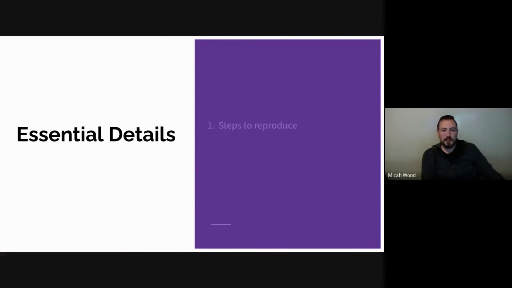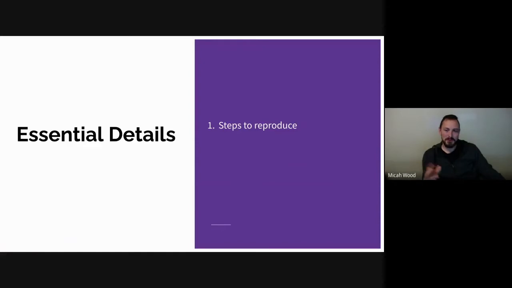So first thing we want to do is make sure that we know what steps it takes to reproduce the problem. A lot of times people will say, oh, I just do these 15 steps and there's the problem. One of the things you have to do when you're documenting the problem is reduce the number of steps to reproduce it as much as you possibly can.